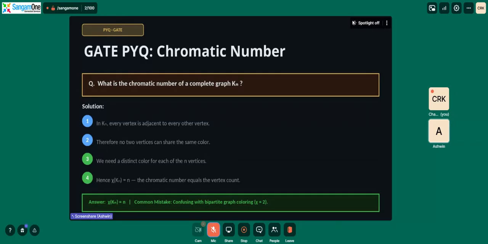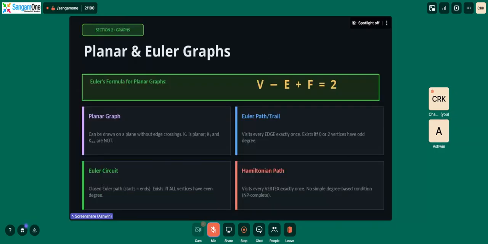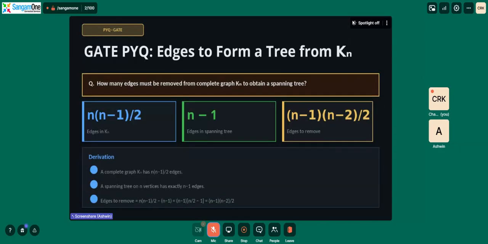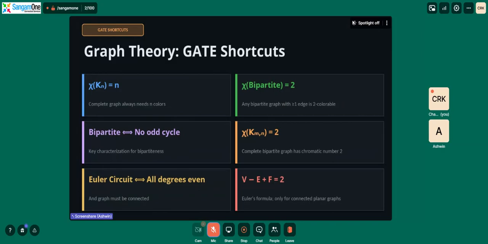What is the chromatic number of a complete graph K_n? This diagram I will include in notes also, because in the presentation I will include that explanation. These are the common GATE questions. These are GATE shortcuts you need to remember.